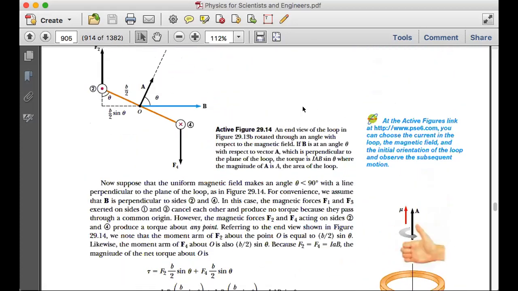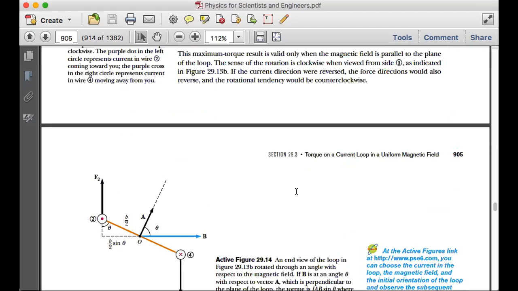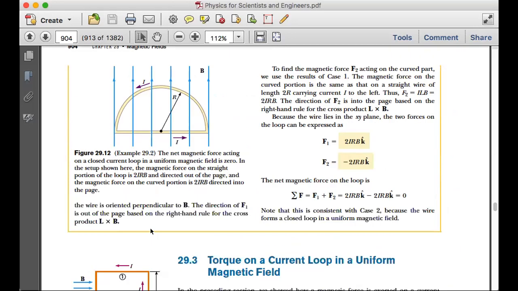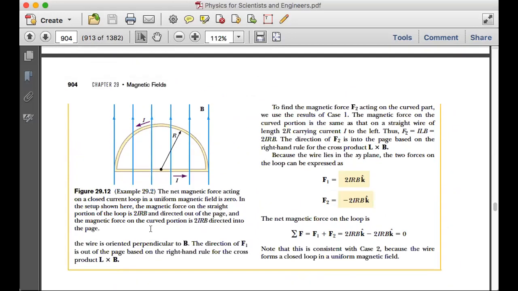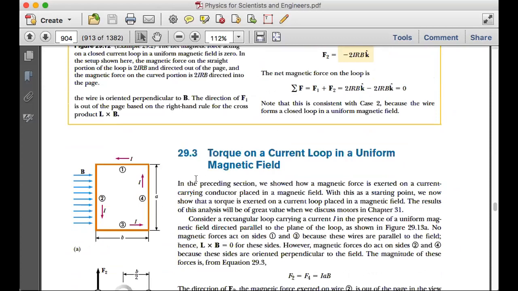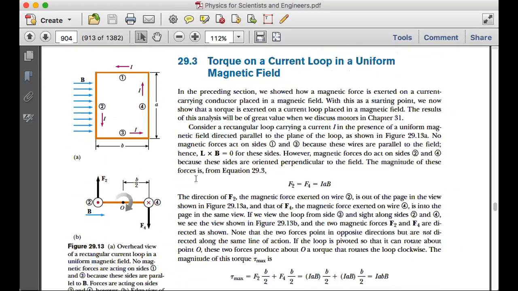It means that this rectangle and also this semicircle wire rotate, perpendicular to this magnetic field in general.